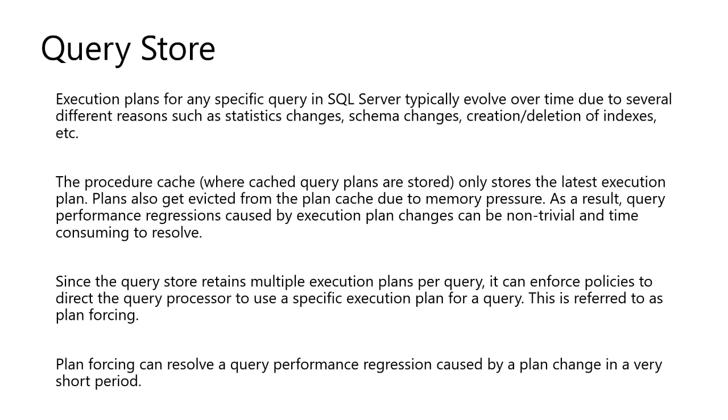So the new resource usage, for example CPU consumption or duration, is worse than the previous one. If we detect those cases, we can manually force a specific query to use a previous plan which is stored within Query Store. We will see it in action in a minute.